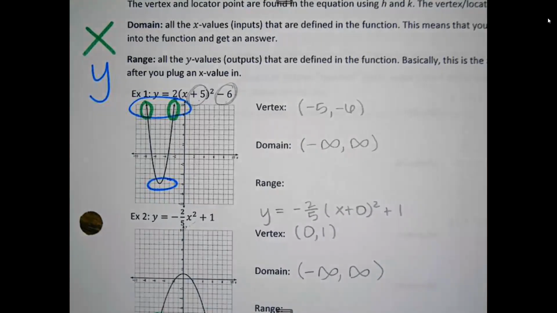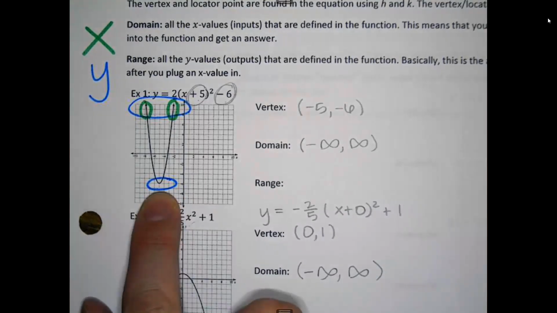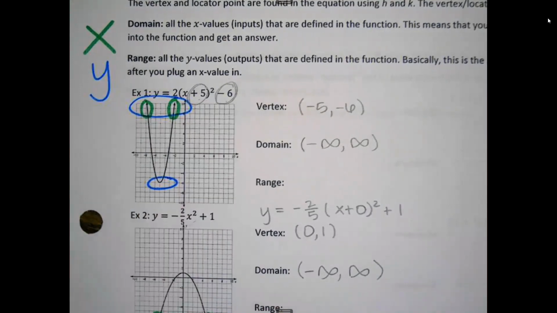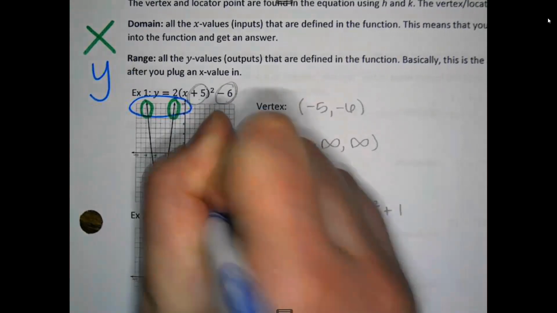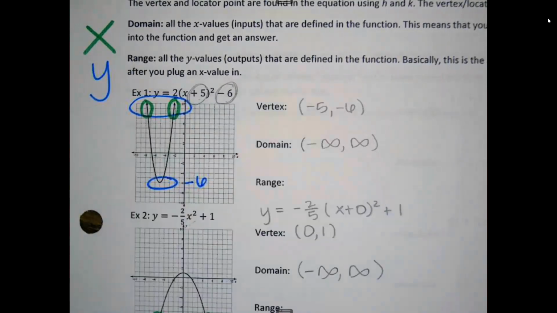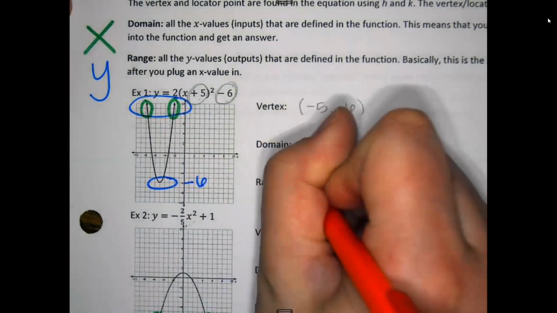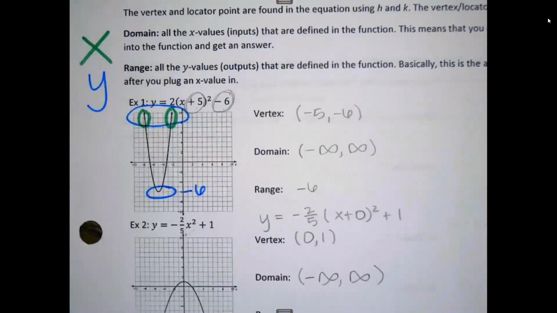So what is the Y value at the bottom of the graph? -6. -6 is the Y value at the bottom of the graph.